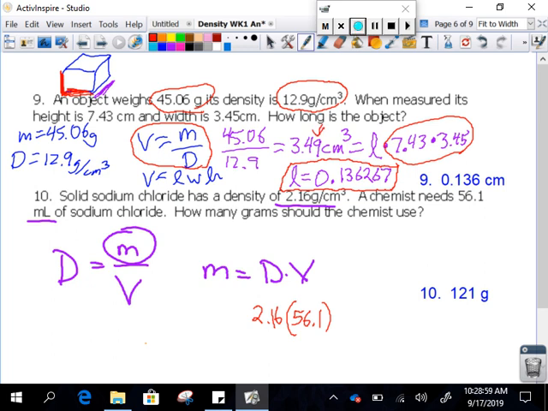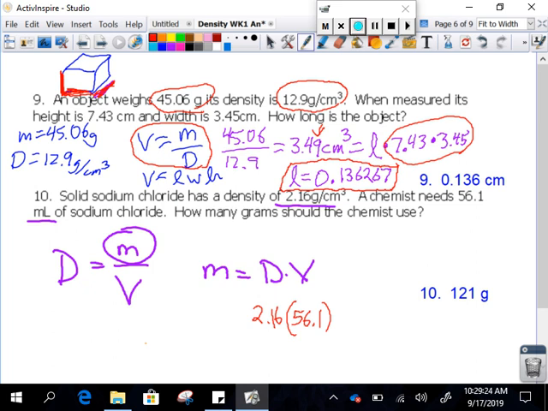So it's 3.49 divided by 7.43, also divided by 3.45. That's how you get the length, very carefully. And then there's only 1 centimeter left, because your length would be measured in centimeters here, and you have all 3 values. So 0.136 centimeters is the length of the object.